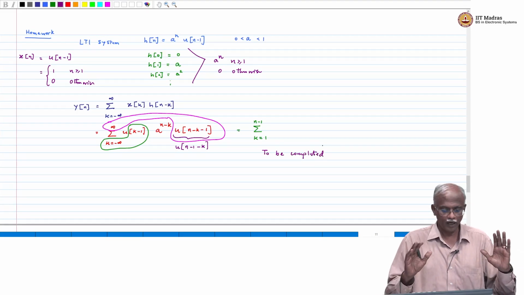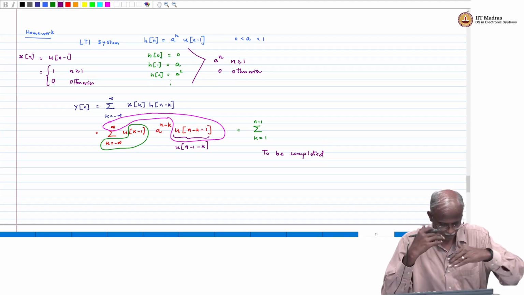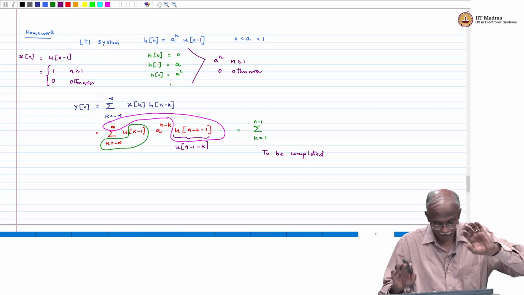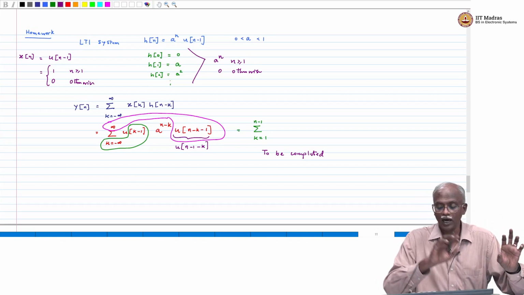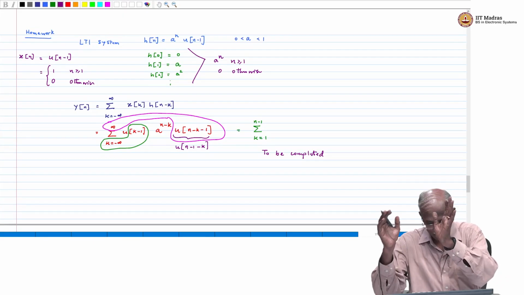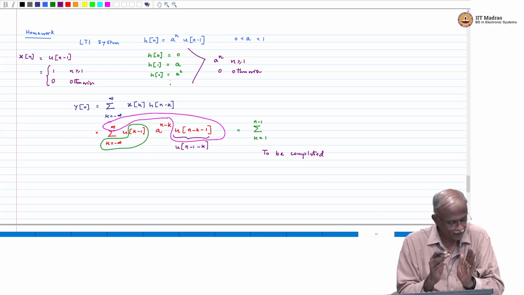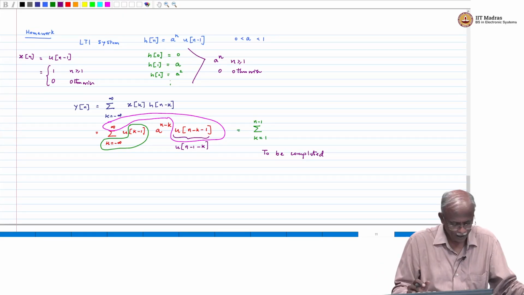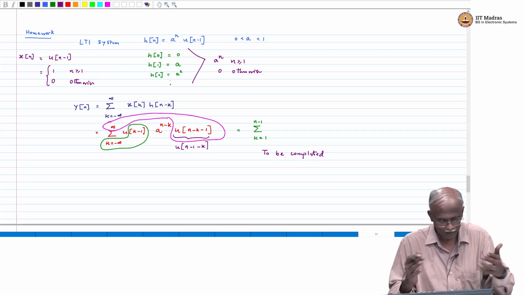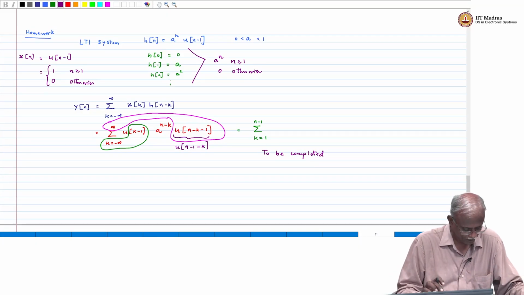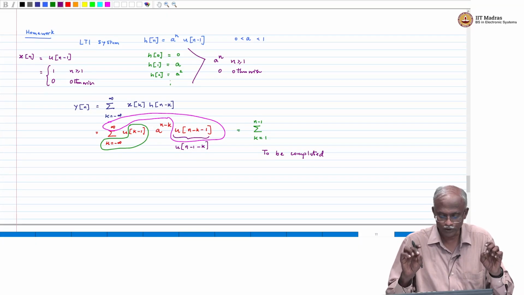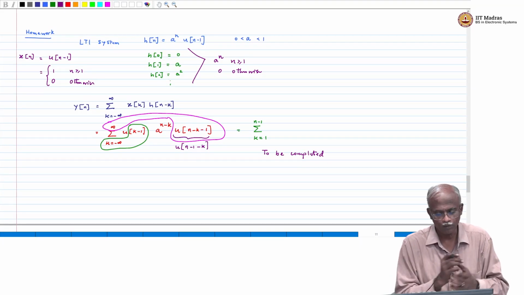Make sure that you are absolutely comfortable changing the limits, also what to write down in terms of the expression within the summation, and then the final expression. We will look at it and write it down when we meet next time. But I definitely want you to try this out so that you will get a clear understanding of what the expressions are.